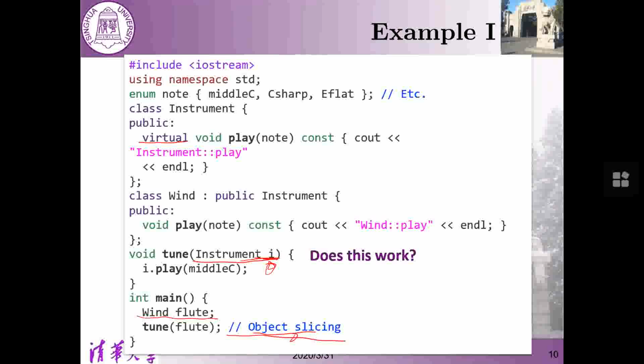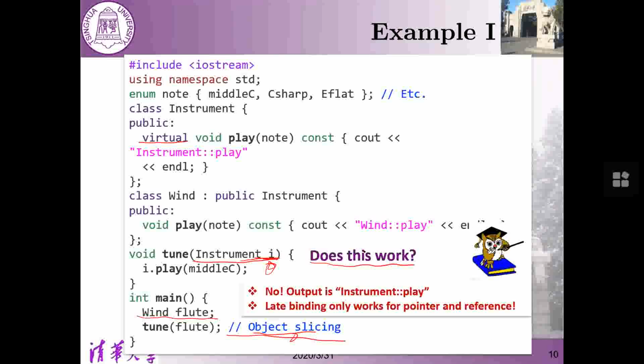So does polymorphism work here or not? The answer is no, because we just mentioned that polymorphism needs to work on a reference or pointer. Otherwise, it won't work, okay? So this late binding or polymorphism only works for pointers and references.